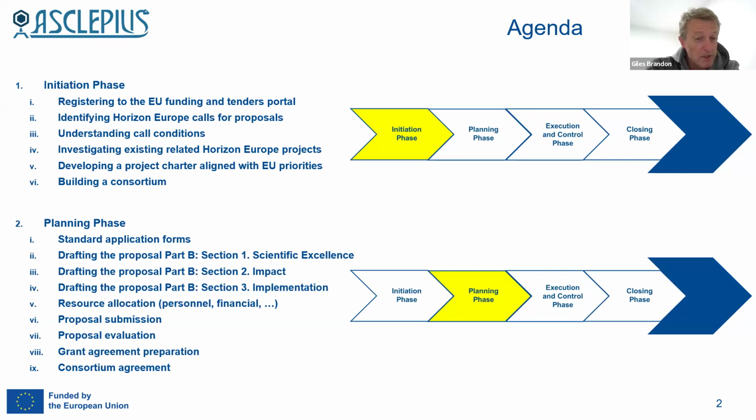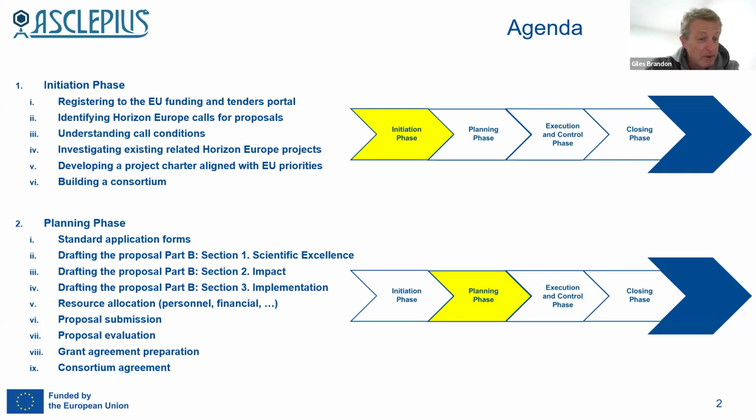So there's a Section 1, Scientific Excellence, Section 2, Impact, Section 3, Implementation. After that, I'll talk about resource allocation in these proposals, so about person months and about budgets and costs.